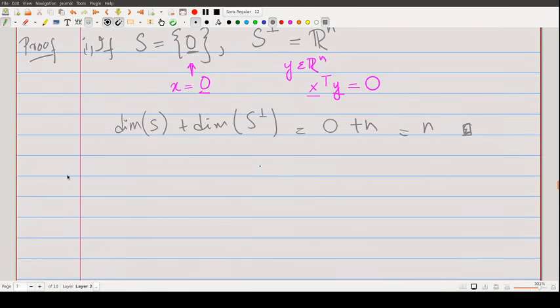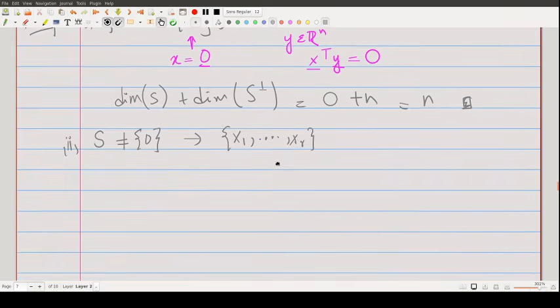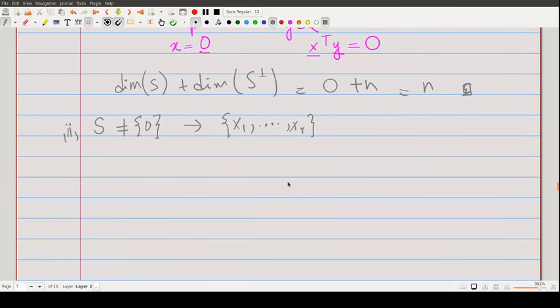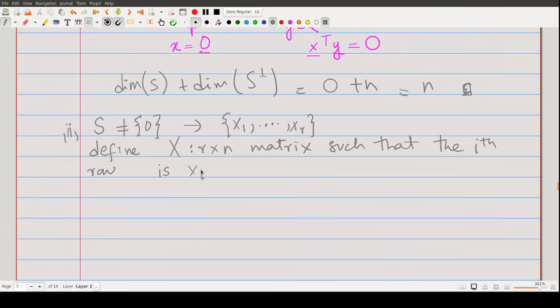But let's suppose we have the case when it's not the trivial subspace. So let's suppose S is not the trivial subspace. Then let's get a basis x1 to xr for my vector space, and we define X as an r by n matrix such that the ith row is xi transpose.